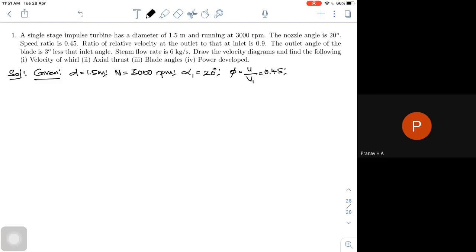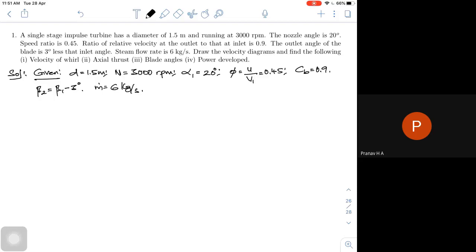Your blade coefficient, the relative velocity loss coefficient, you can take it as KB or CB, both are the same, it is 0.9. And beta 2 is 3 degrees less than beta 1. So the outlet blade angle beta 2 is 3 degrees less than the inlet blade angle, and your mass flow rate is 6 kg per second.